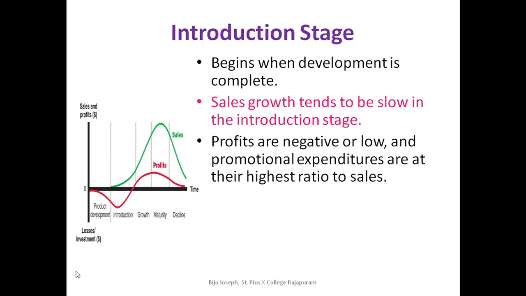And promotional expenditures are at their highest ratio to sales. Promotional expenditures are the expenditures to be incurred for making the product known to the customers. So advertisement cost and other promotional expenditures are very high during the introductory stage, when compared to sales.